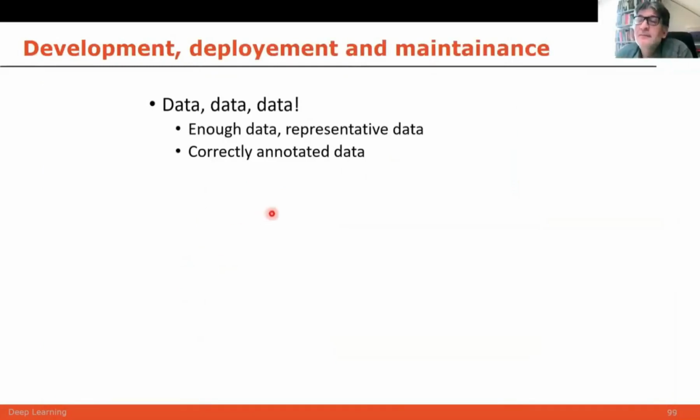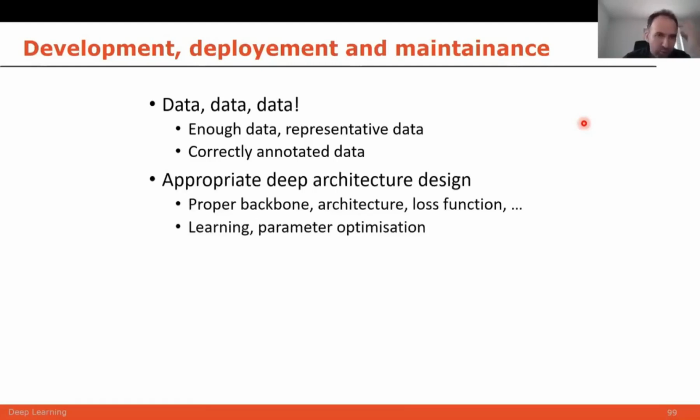Because this slide is really good to understand how we actually develop such kind of applications. So first, I've been repeating myself for 3 days: data, data, data. We must have enough data, representative data, and correctly annotated data if this is a supervised problem. So first, you really need to make sure that you have good data, and then you have to devise an appropriate deep architecture, proper backbone, loss functions, and all that stuff.